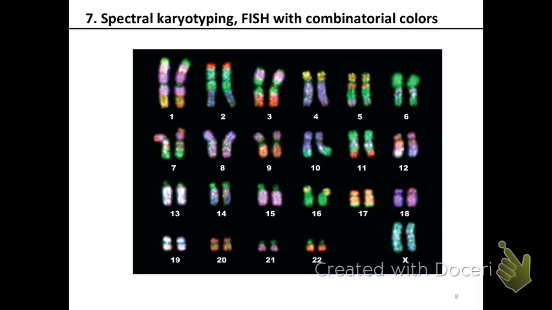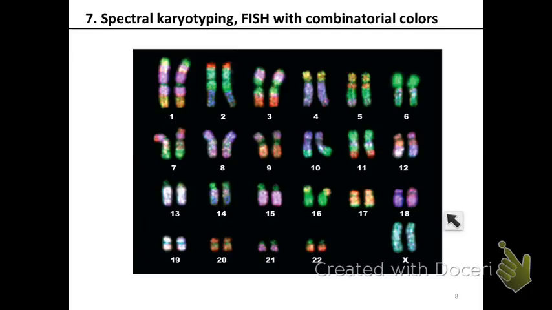Then image processing software is going to decide what probe corresponds to what color, and say, okay, this region is chromosome 1, left arm. This region is chromosome 2, right arm, etc., etc. And then it is going to generate an image of each chromosome, and at the end, what you're going to see is a karyotype of a mitotic cell that you're analyzing.